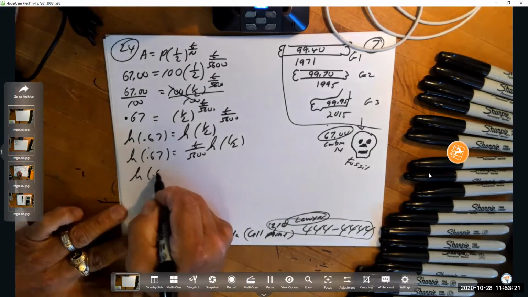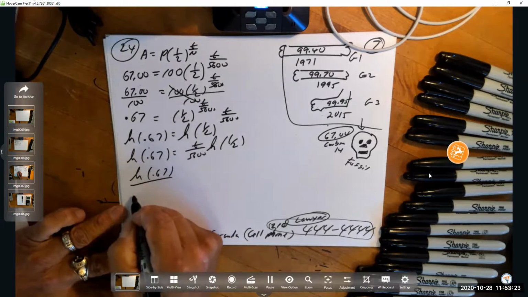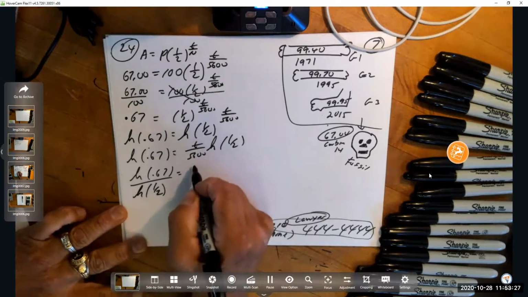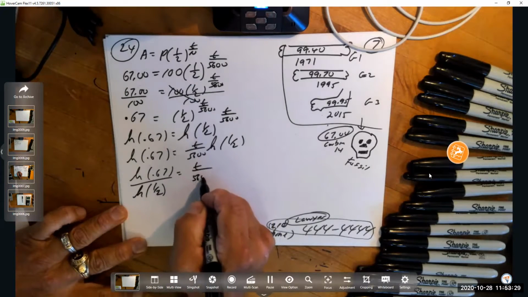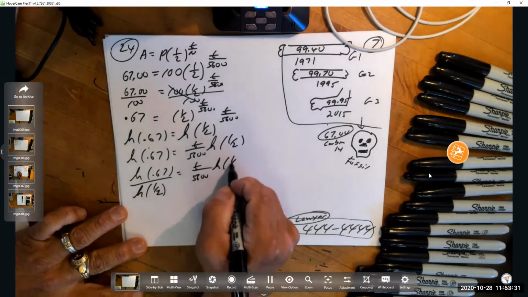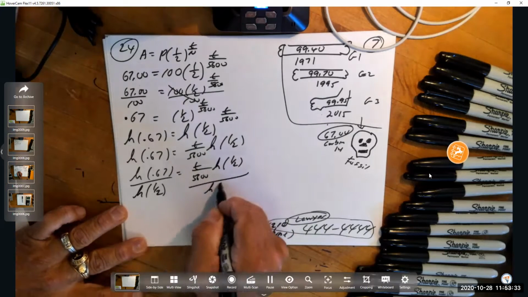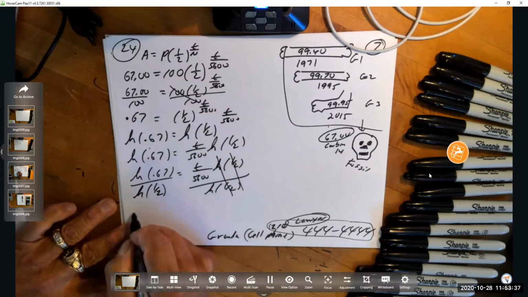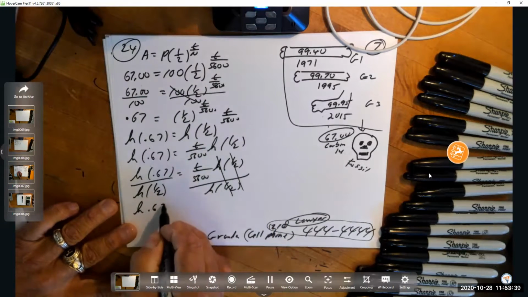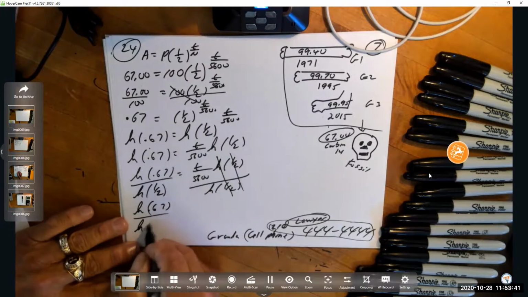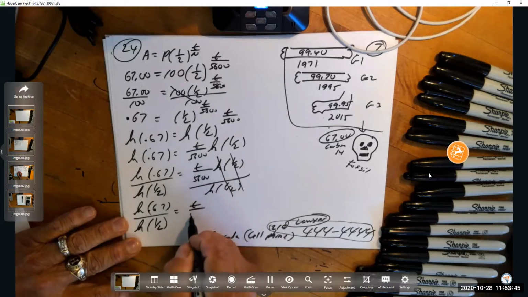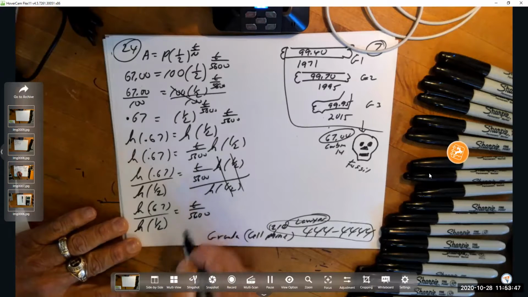So now I divide by ln of half, and I divide this one also by ln of half. Like this. So now these are gone. So I have ln of 0.67 divided by ln of half equals T over 5600. All right.